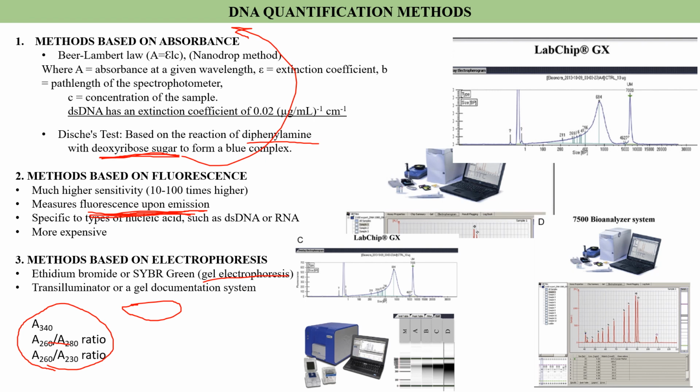After the gel run is completed, various sizes of bands come onto the gel. The wider the band, the more DNA it has. This gel is visualized using a transilluminator or a gel documentation system.